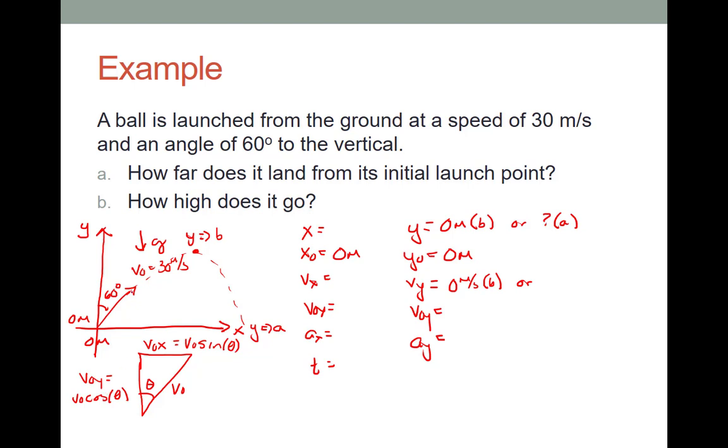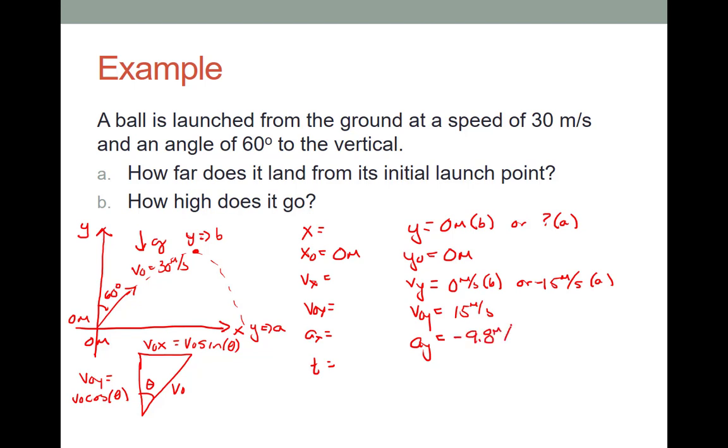Well, if I plug in V naught is 30 meters per second and the angle of 60 degrees, that gives me V naught y is 15 meters per second. And I've got to watch out because Vy is going to be downward, so I've got to add a negative sign given my up is positive coordinate system.